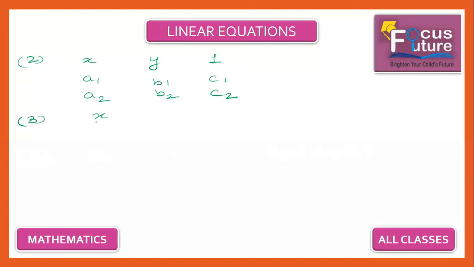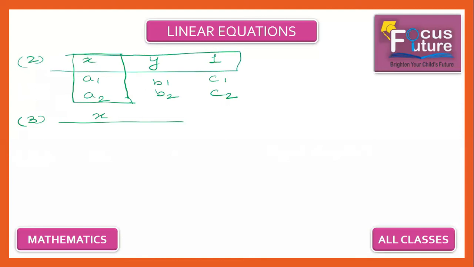So you would write x divided by, leave this first column. If you are talking about x, you will leave this part. And now you are left with what?